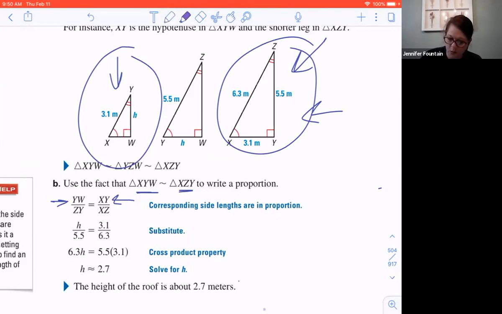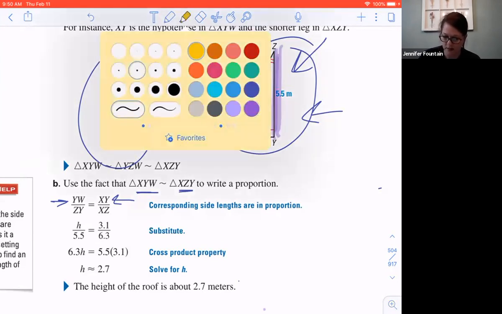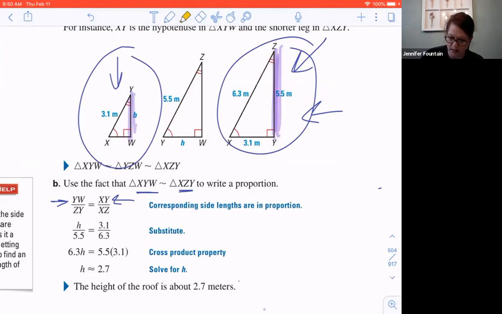So I've got YW compared to ZY, so long side, and then I'm comparing XY to XZ, okay? So that way I'm able to solve for H. So when I set that up with my corresponding side lengths, I set it up, cross multiply, and I can solve for H. Now I see that H is approximately 2.7.